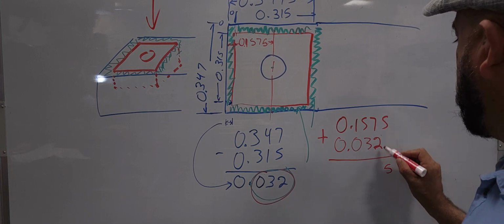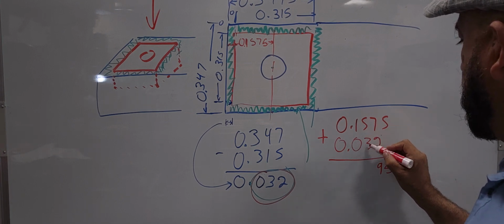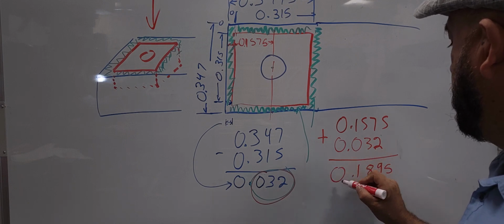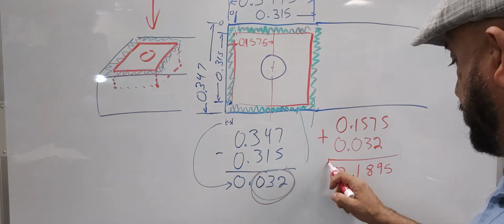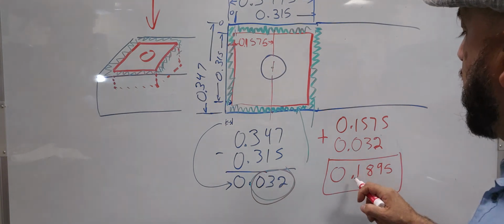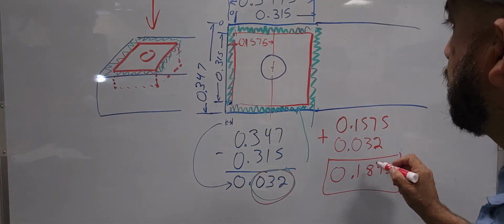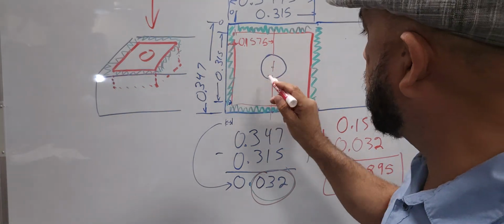Then we'll bring the 5, that becomes a 9, 8, 1. And that's it. 189 thousandths, 5/10 thousandths. That's that distance between here and here.